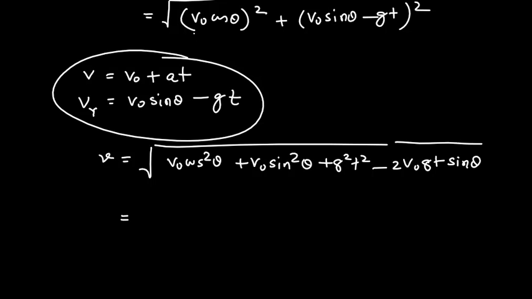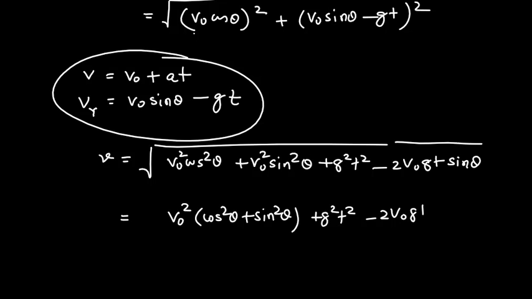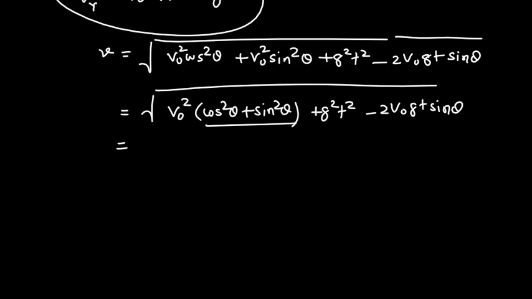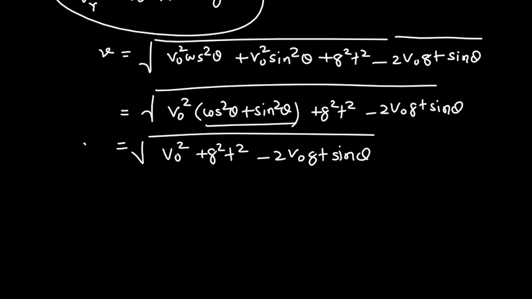If we know that this is v naught square, and this is also v naught square, then v naught square times cos square theta plus sine square theta, plus g square t square minus 2 v naught gt sine theta. We know that cos square theta plus sine square theta is equal to 1. So we can say under root v naught square plus g square t square minus 2 v naught gt sine theta. That is the value of velocity at any given time.